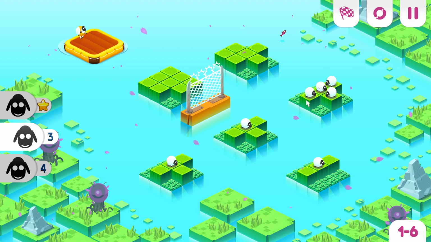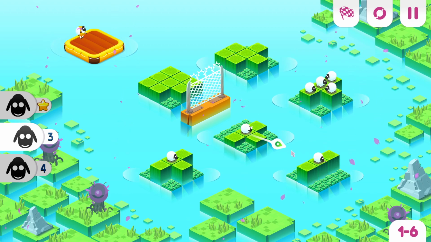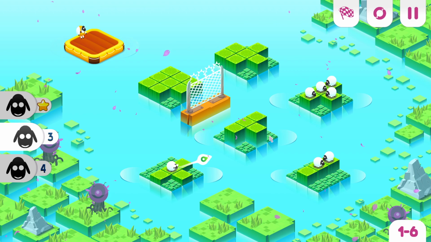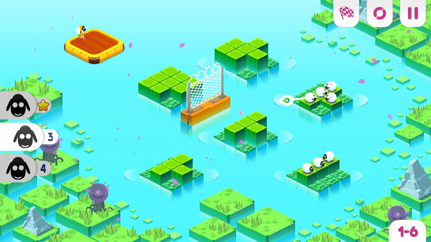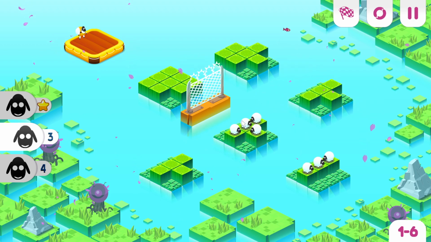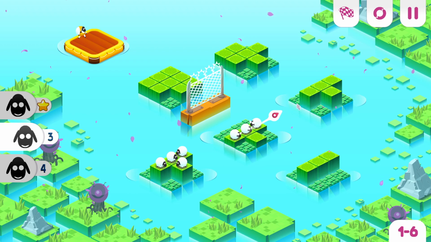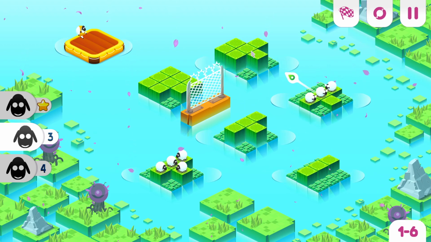And the only way we could get to 3 is if we did that. So I think the move is a bit trickier here. Move those 3 that way. Move this direction. Now make room for that to move that direction.